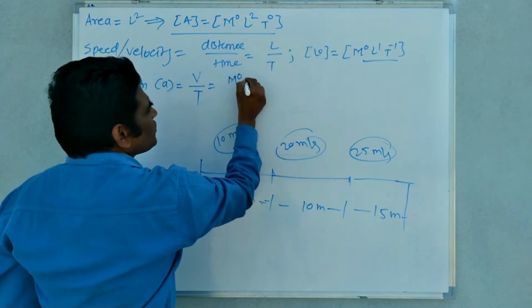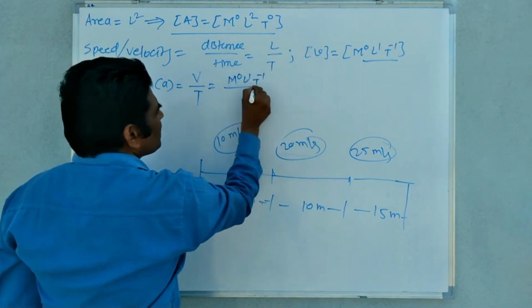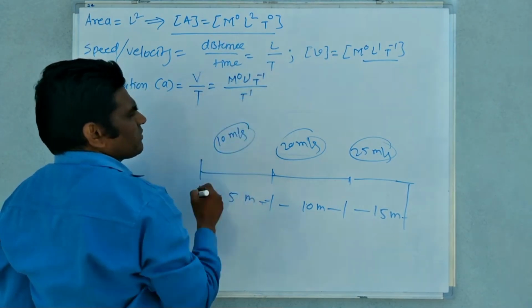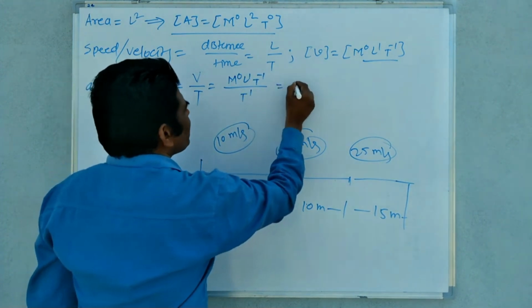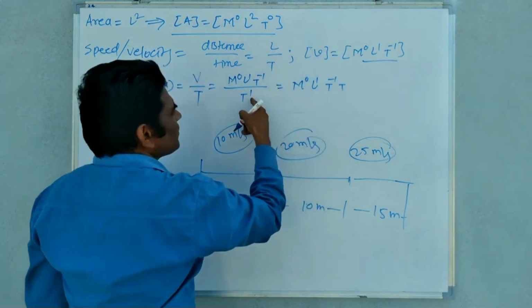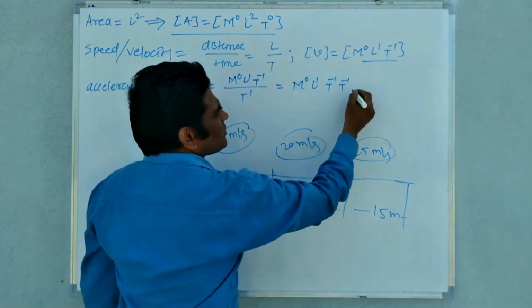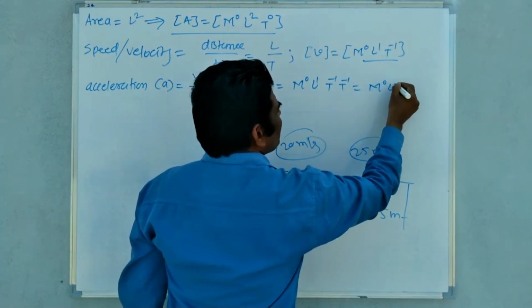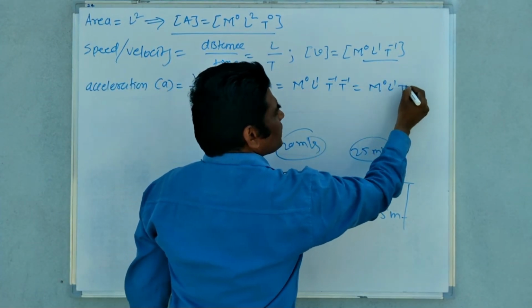So I will write M^0 L^1 T^-1 divided by T^1. This gives M^0 L^1 T^-1 times T^-1, so ultimately M^0 L^1 T^-2.